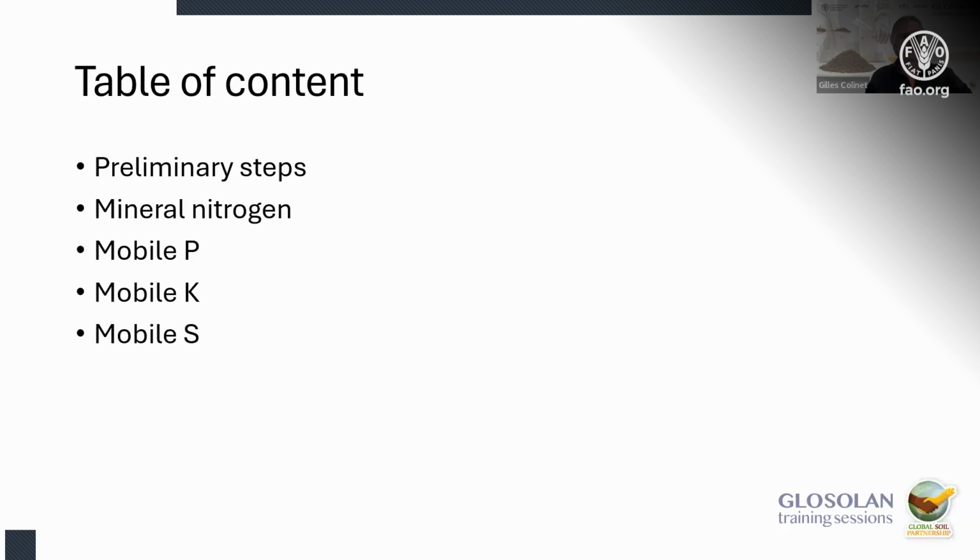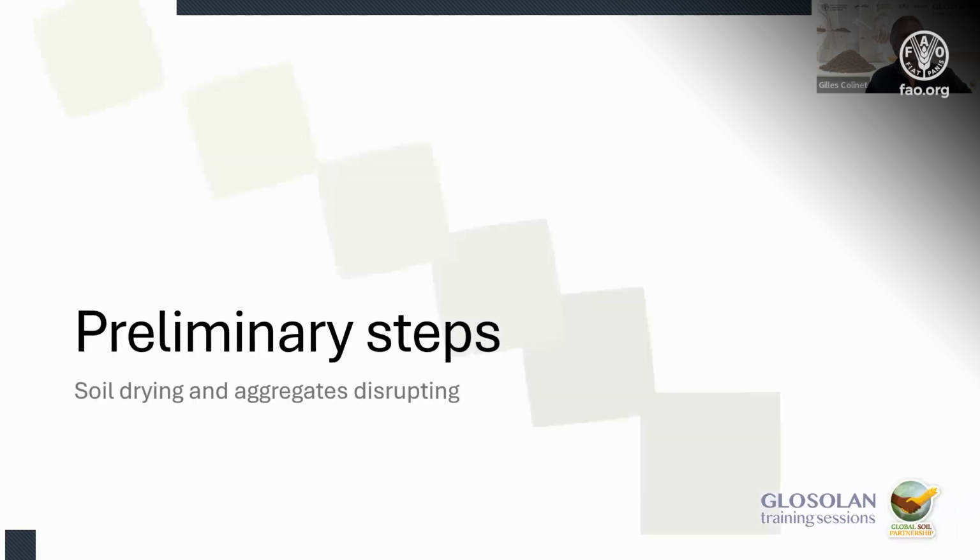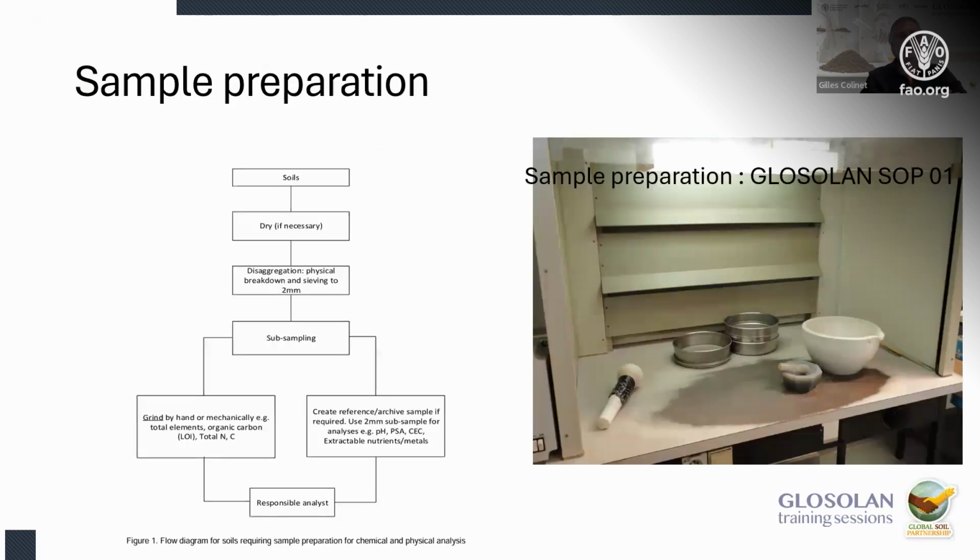I will begin with first considerations about the preparation of the samples and what is behind the whole process of making analysis. There is an SOP procedure from the FAO about sample preparation, and it is valuable for every kind of soil analysis.